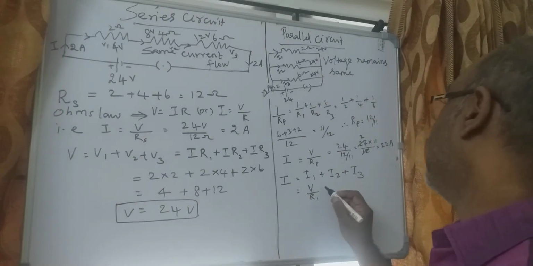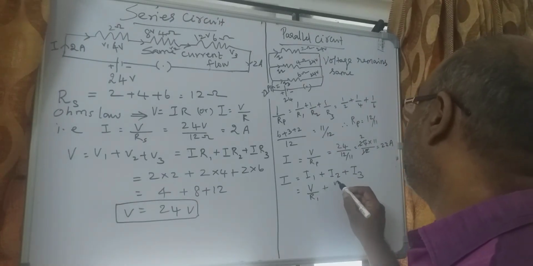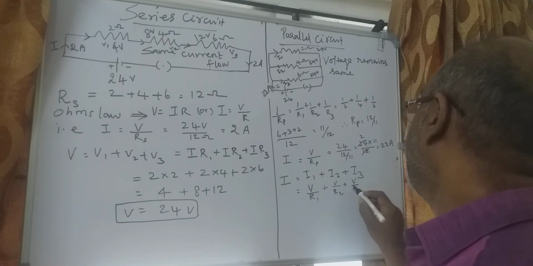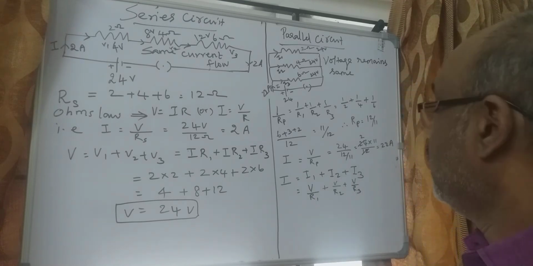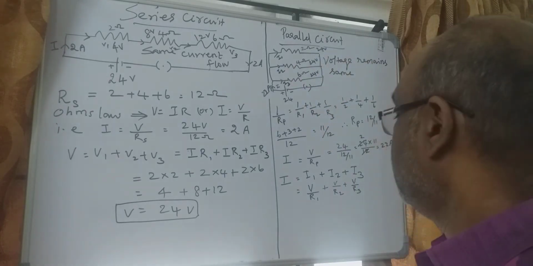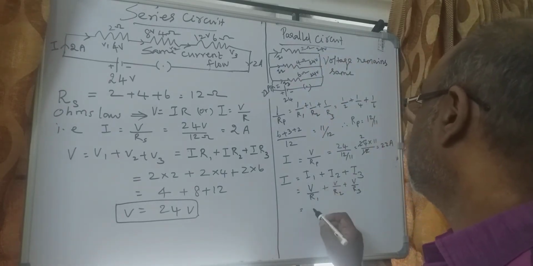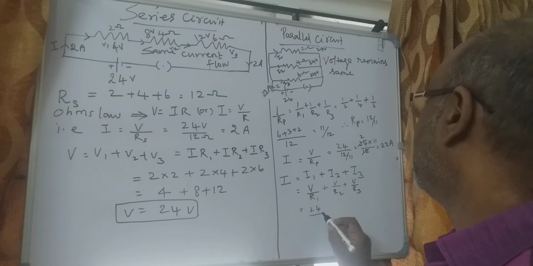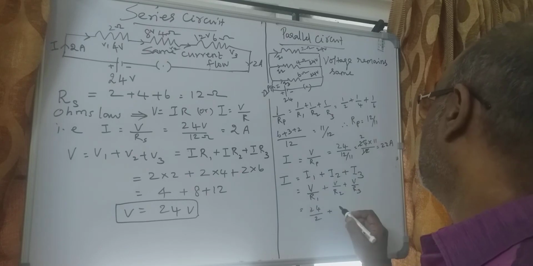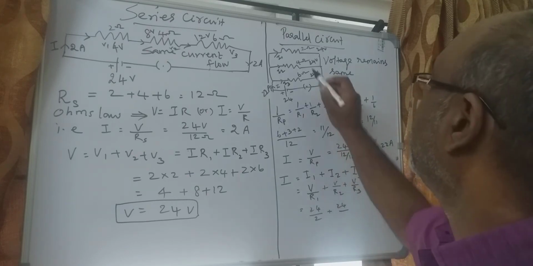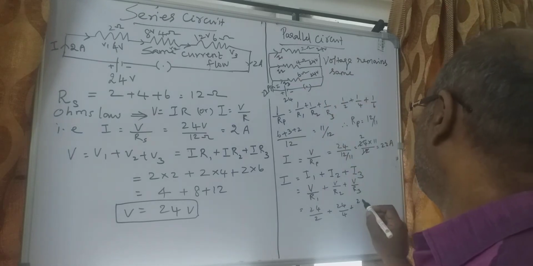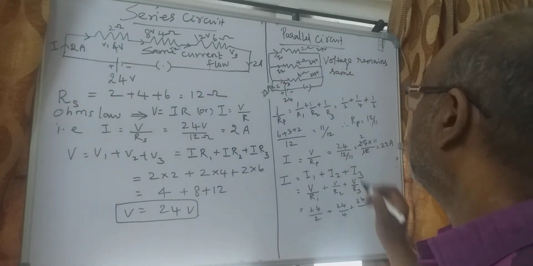So V divided by R1 plus the same voltage by R2 plus the same voltage by R3. Now the voltage is 24 divided by R1 which is 2 ohm, plus 24 divided by R2 which is 4 ohm, plus 24 divided by R3 which is 6 ohm.